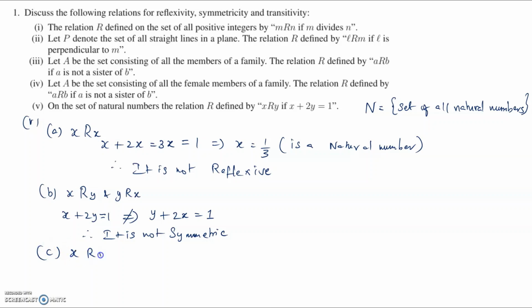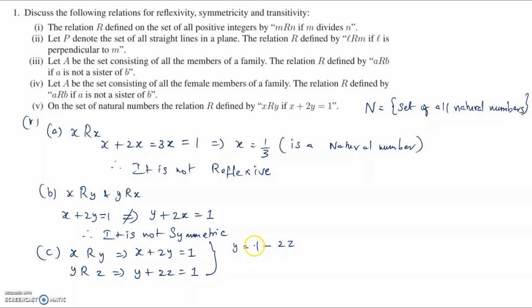Then the last. x related to y would mean that x plus 2y is equal to 1, and y related to z would mean y plus 2z is equal to 1. So let's try and solve this. Our y is now equal to 1 minus 2z.